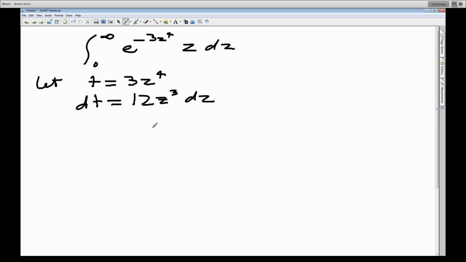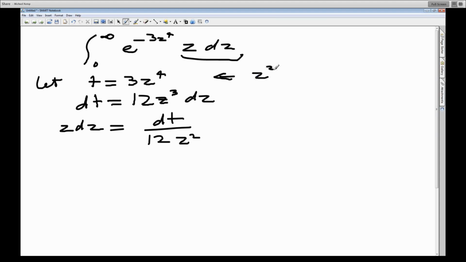And so, there's a z dz there. So making z dz the subject, it is going to be equal to dt on 12z squared. And then we can rearrange this equation. So z squared is equal to the square root of t on 3.